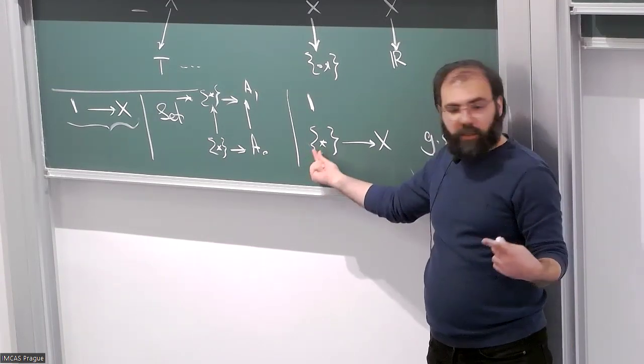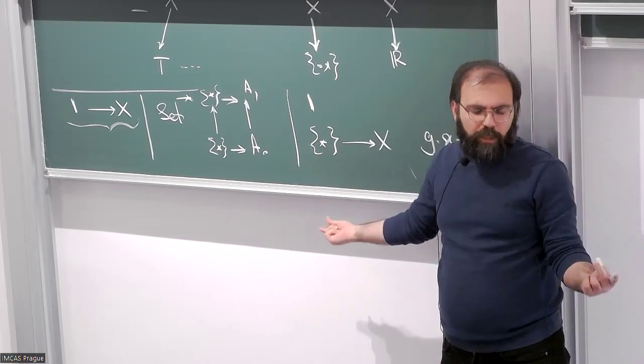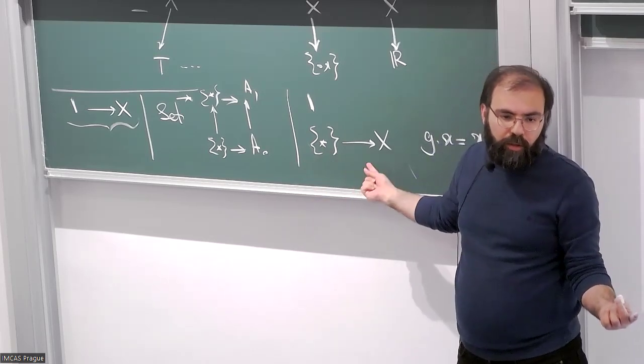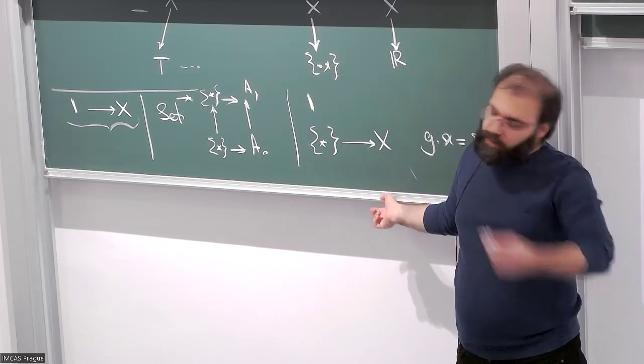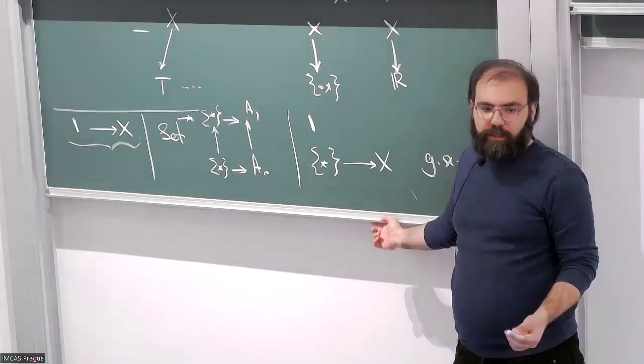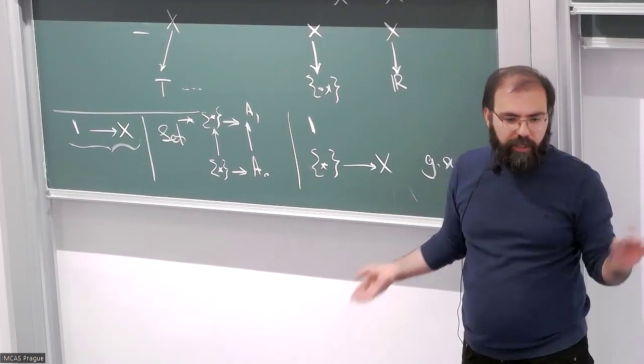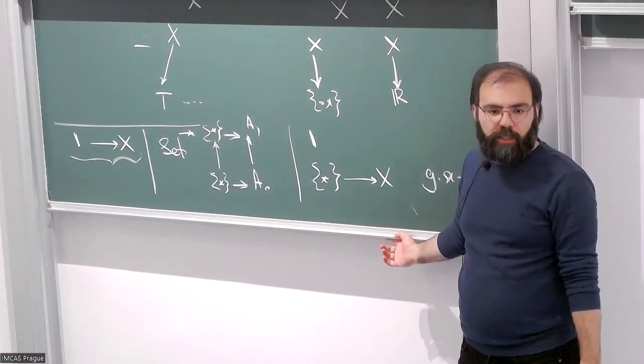G times star is star. You cannot do anything. Yes, it can be anything. Yeah. Yes. I write star because I don't care about the name and I want it to be unique, right? Kind of.